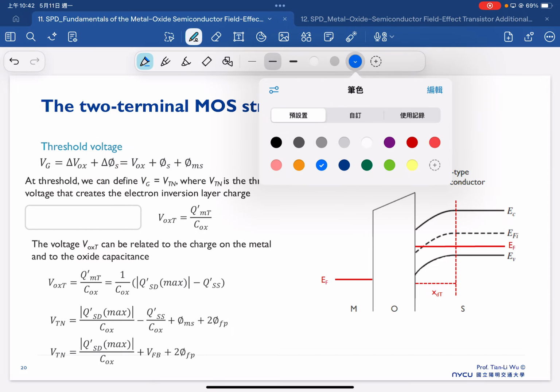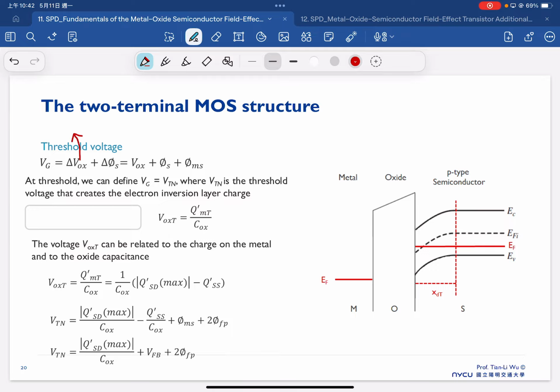So this term means the voltage drop in the oxide, and this one is the voltage drop in the semiconductor surface.